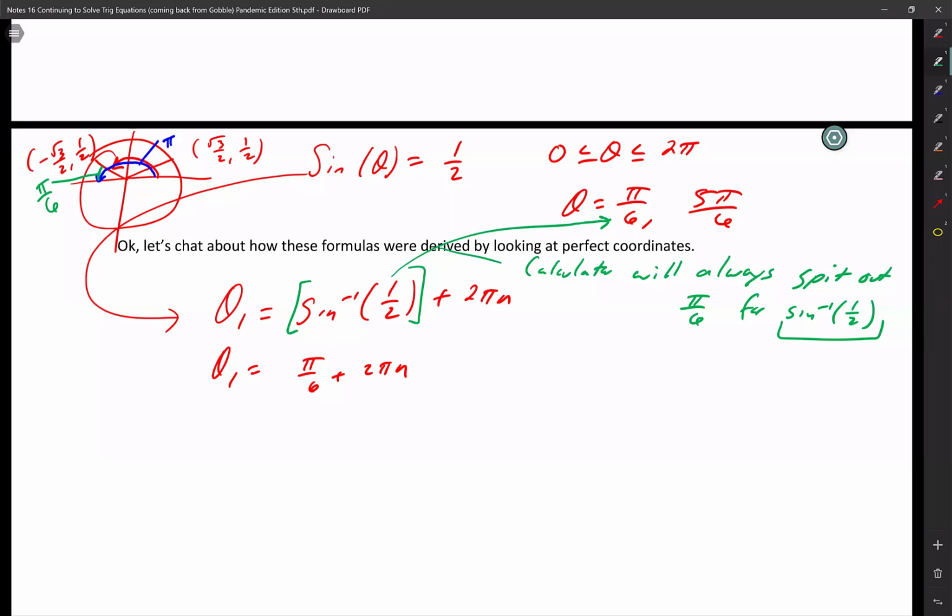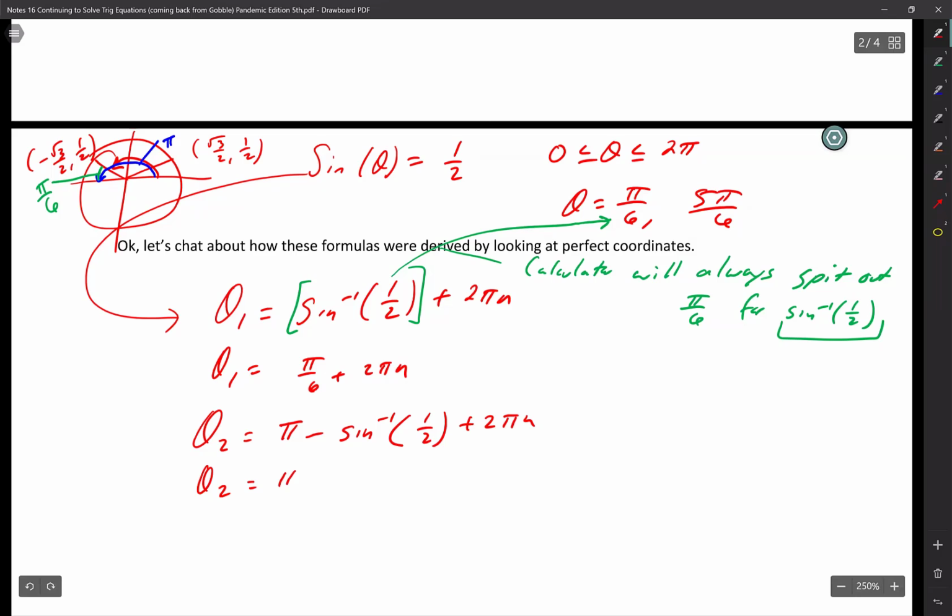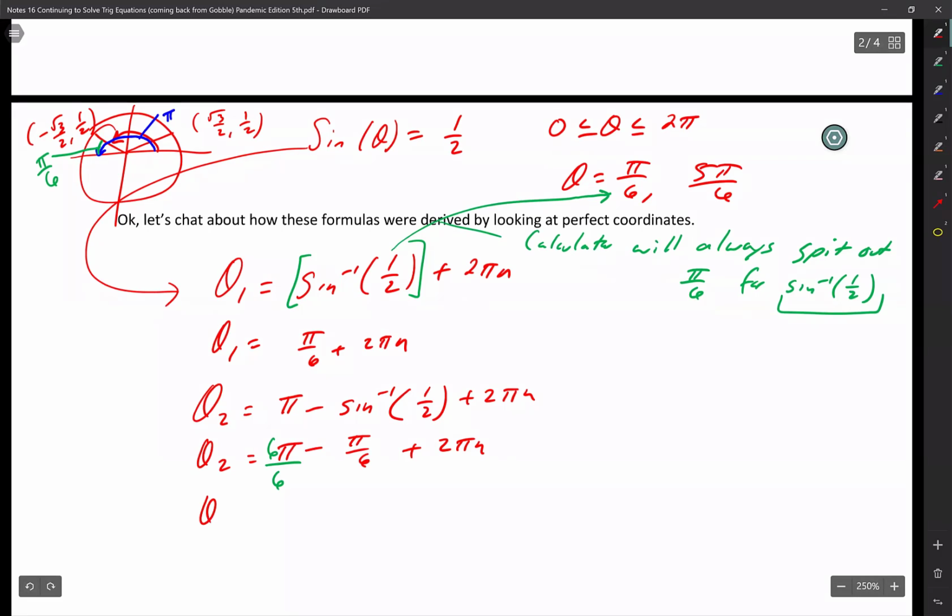And we know that we've been doing that for a long time. That's why we say that equation 2 is pi minus arc sine of your argument, in this case a half, plus 2 pi n. And we know that arc sine of a half is going to spit out again pi over 6. Then common denominator, put a 6 there, and 6 pi minus pi is just 5 pi over 6.